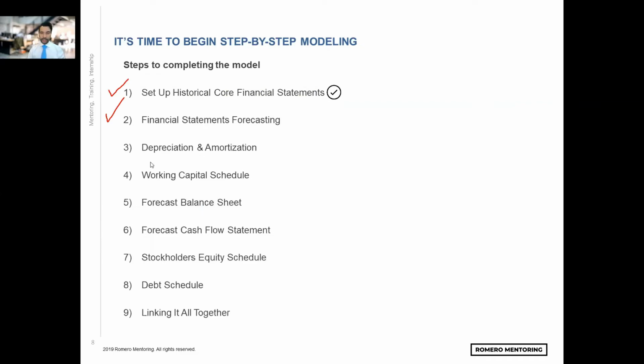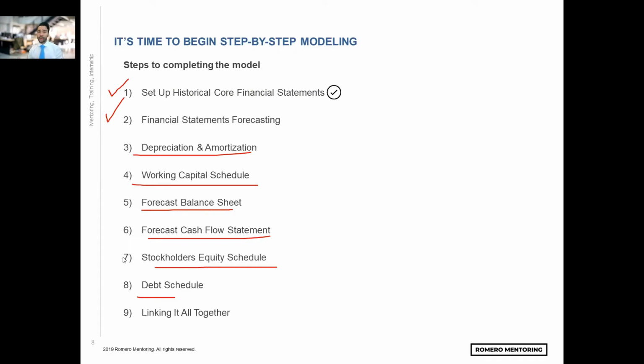The other steps you're seeing here, like depreciation, working capital schedule, forecasting the balance sheet, forecasting the cash flow statement, a stockholder's equity schedule, and a debt schedule, we would cover in a deeper level of analysis, in a more comprehensive lecture format that gives us a lot more time to dive deeper into each and every one of these concepts. But for this particular lecture, we're not going to cover this.